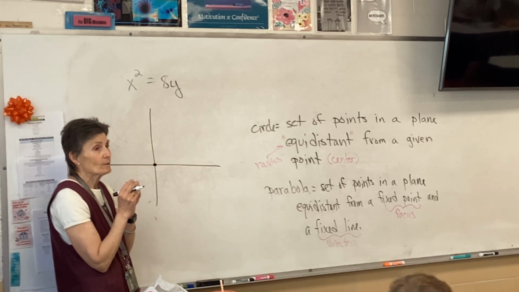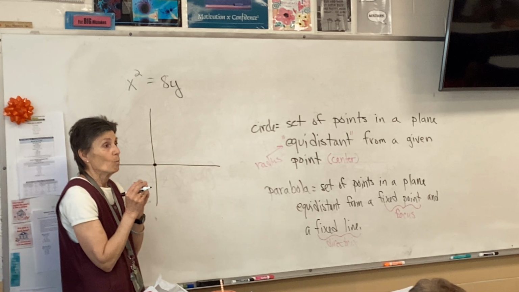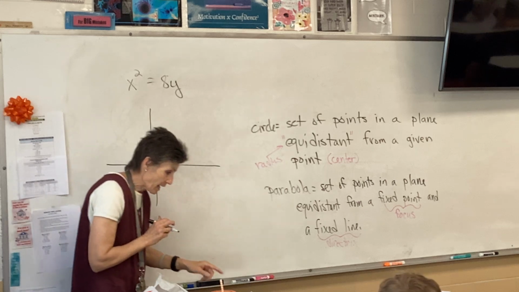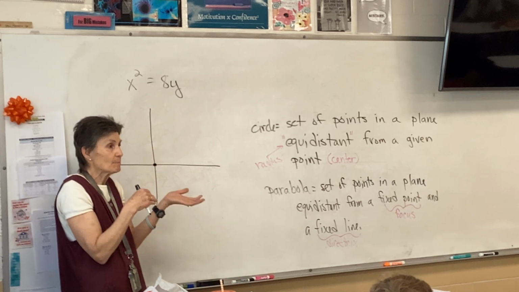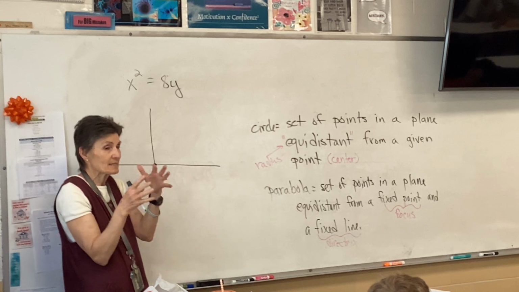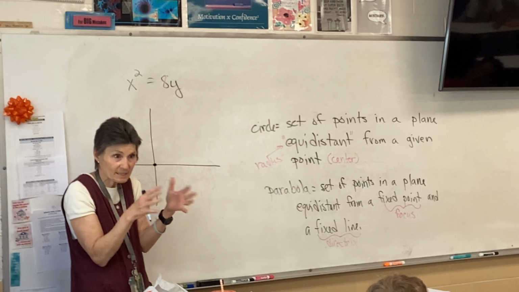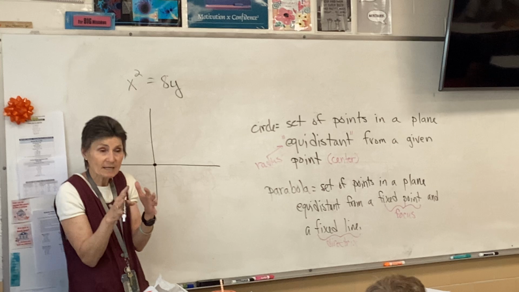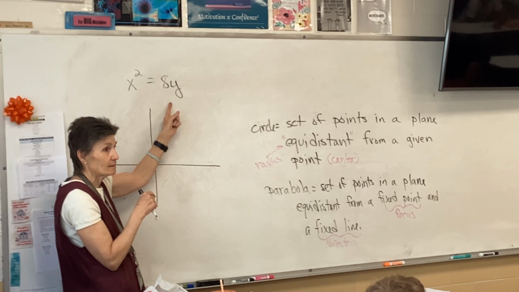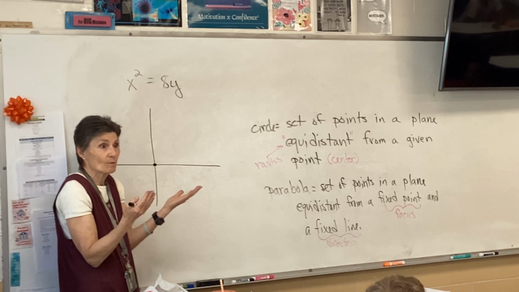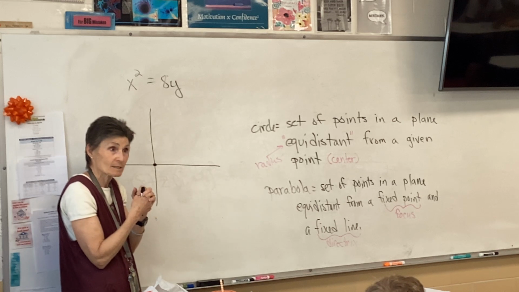How do I know it's at the origin? Well, take a look at problem E, for example. Do you see in problem E how you have things added and subtracted to the x and y? So it's just like a circle. If there's nothing added or subtracted, then you're at 0, 0. That is your vertex.